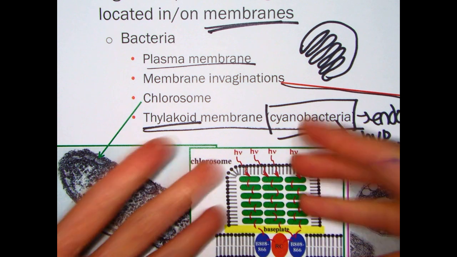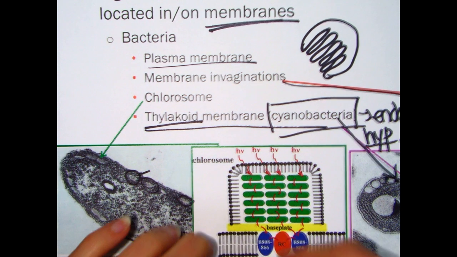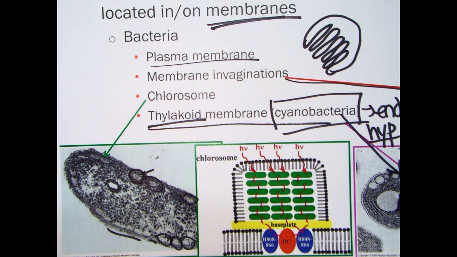And again, those will absorb the light energy, pass it to the reaction center, which is a pair of molecules of the primary pigment. And the primary pigment, the one that is absolutely required for photosynthesis, is chlorophyll or bacteria chlorophyll.